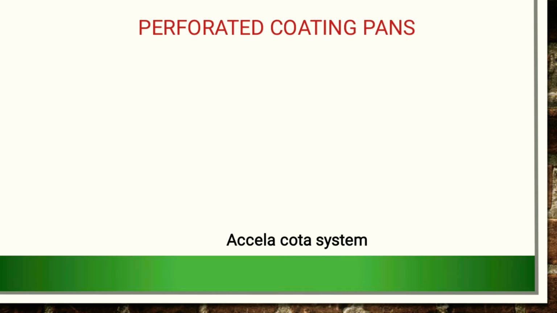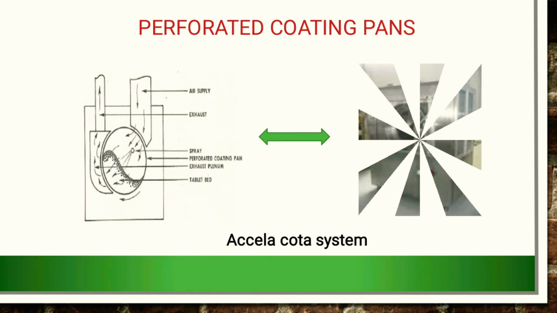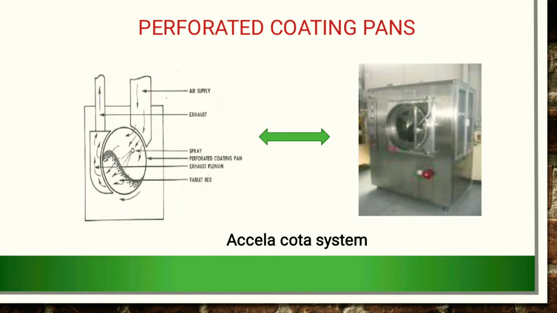Let us look at the first equipment. Here you can see the diagrammatic representation of Accela Cota system, and the equipment appears something like this. This is Accela Cota pan. You can see here that this pan is fully perforated. Then it contains mixing blades.